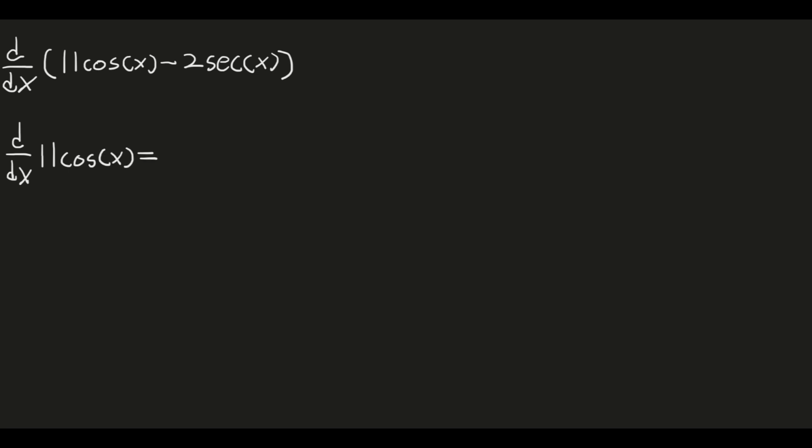We can drag out the 11, take the derivative of cosine x separately. Then we can multiply the two together, 11 times the derivative of cosine x, which is negative sine x. Multiplying the two together, that would get us negative 11 sine x.